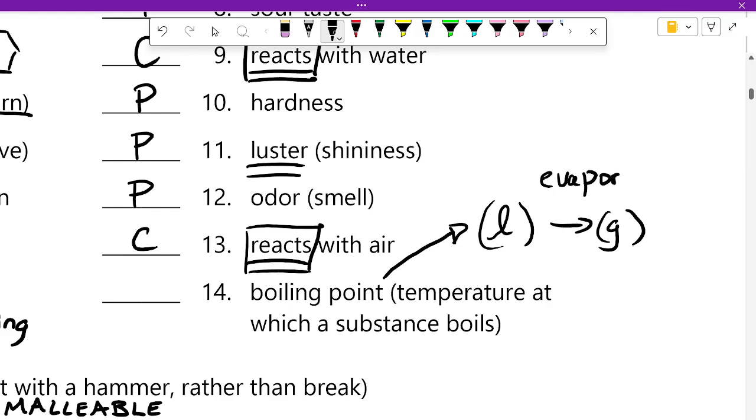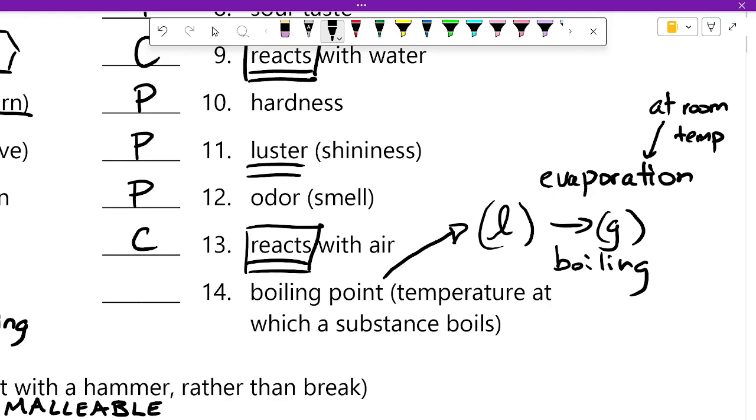Evaporation. Or, in this case, you could actually say boiling. Evaporation is when it happens at room temperature. Water will just evaporate at room temperature, but if you actually heat it to its boiling point, then that's at the boiling point.